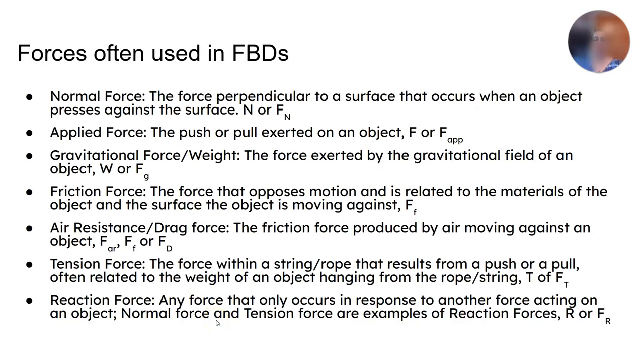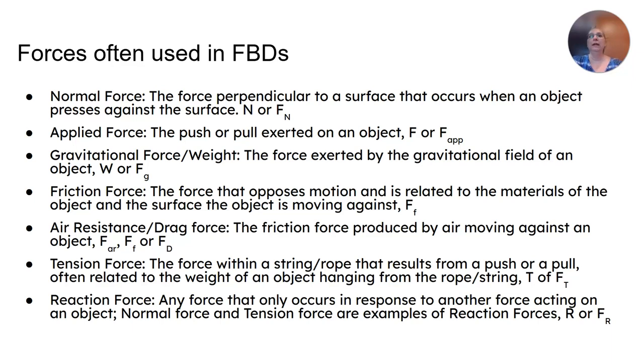So we need to know the forces that we could see in a free body diagram. We already know about applied forces. These are the forces that you apply when you push or pull on something.